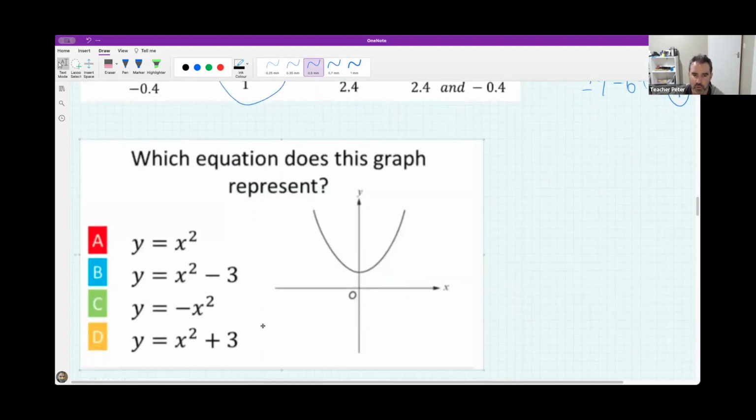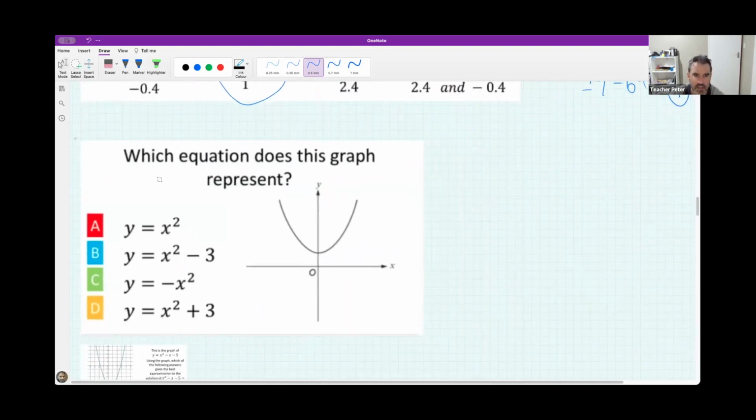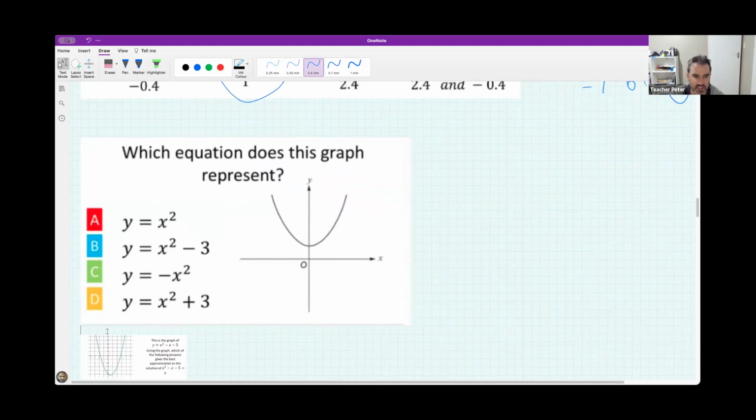Maybe we'll squeeze in 2 more if you guys do this one quickly. Okay, so this is a graph of a parabola, and there are possible equations that could relate to this over here. Which of the 4 options do you think describes the parabola over there?